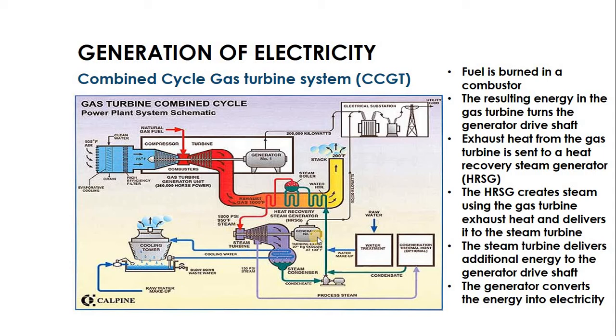So what is going on here? How does the inclusion of this steam turbine help to improve the efficiency? First of all, like we said, in the simple gas turbine system, we have compressed air which is mixed with the natural gas, which is the fuel, in the combustion chamber, and is set ablaze. The explosion produces a high pressure wave which drives the turbine.